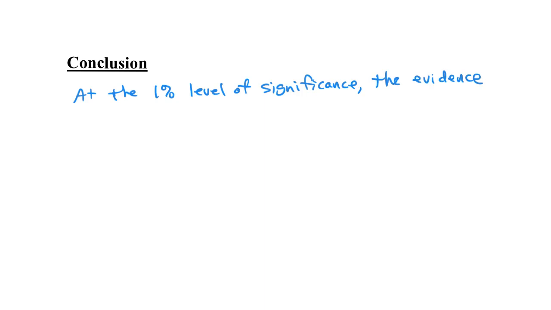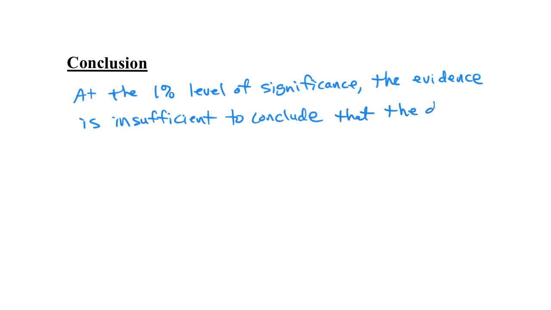The evidence is insufficient to conclude. Remember in 10.1 I showed you how they would just add this word in. That's the only difference in the conclusion. So we're going to say the evidence is insufficient to conclude that H1, the distributions are different.